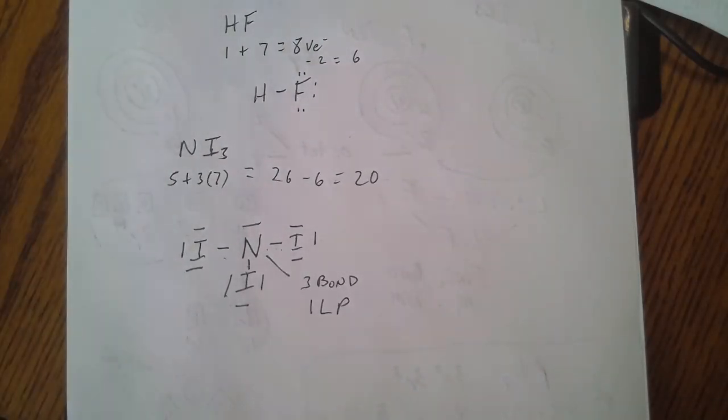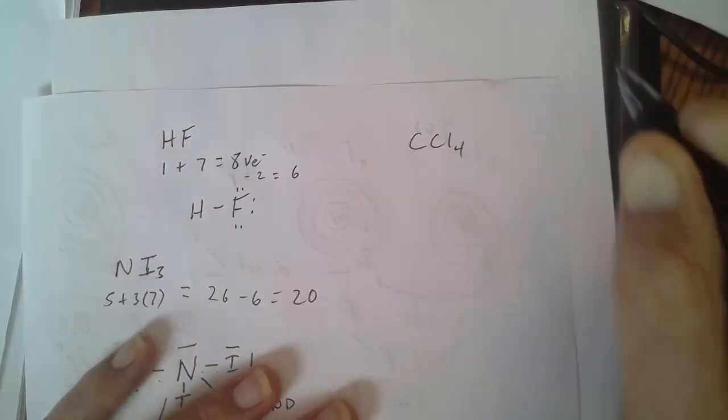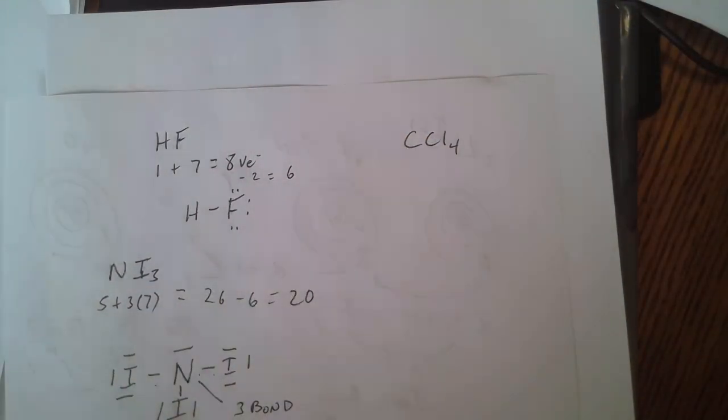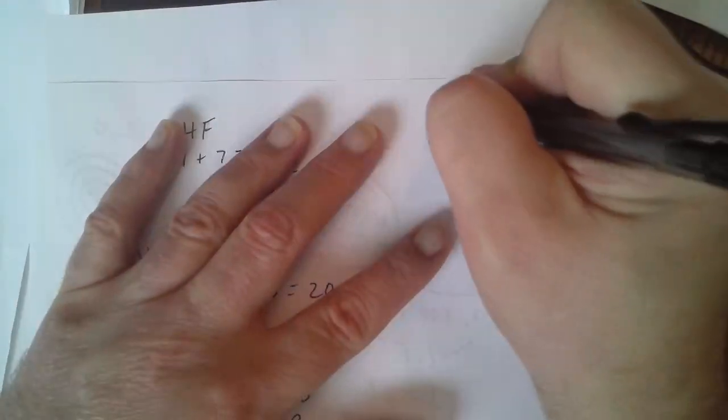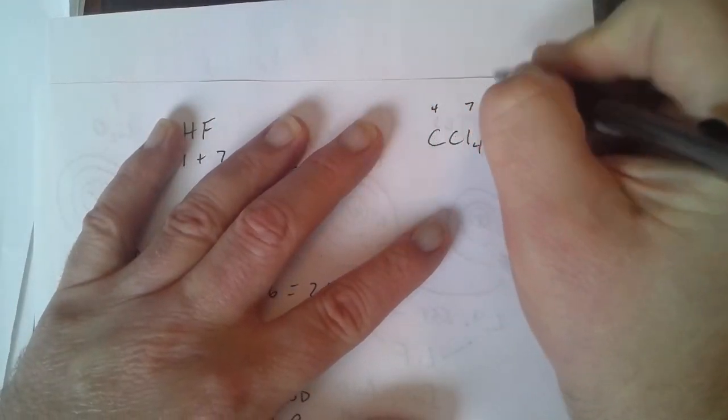All right, on your scrap paper, let's try one. CCl4. Go ahead and try CCl4. I'll give you a few seconds to do that. This is in group 4A. This is in group 7A.